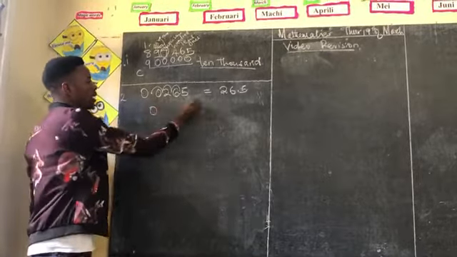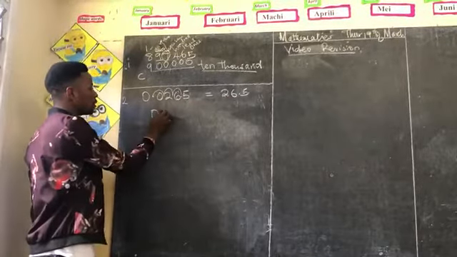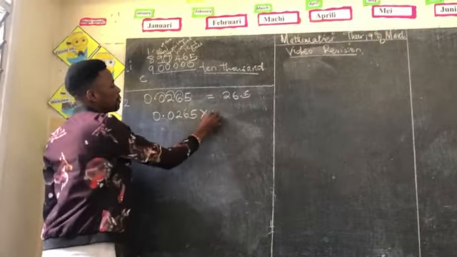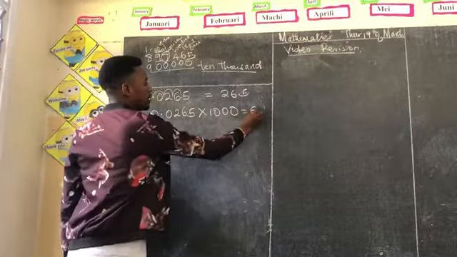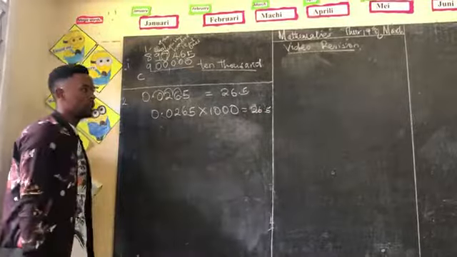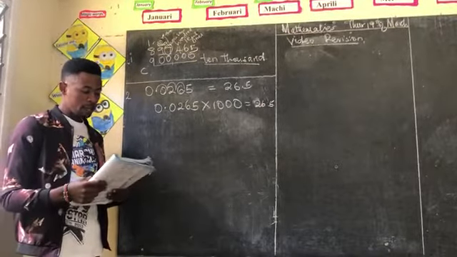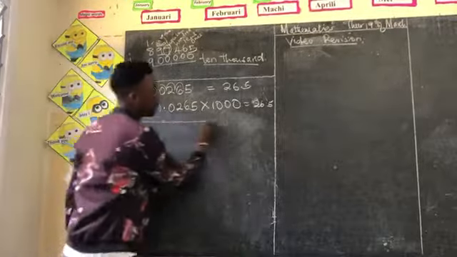So for you to make 26.5 from this number, you're supposed to multiply 0.0265 by 1,000, which will give you 26.5. The decimal shifts 3 times. So that was so easy, but that was the concept of shifting the decimal.